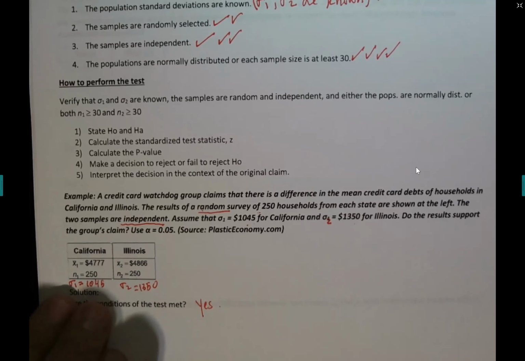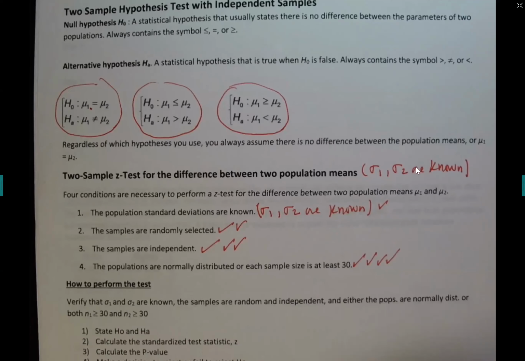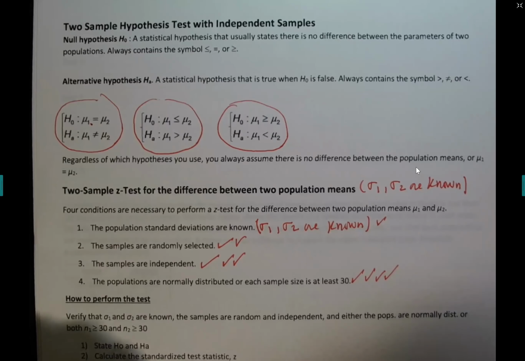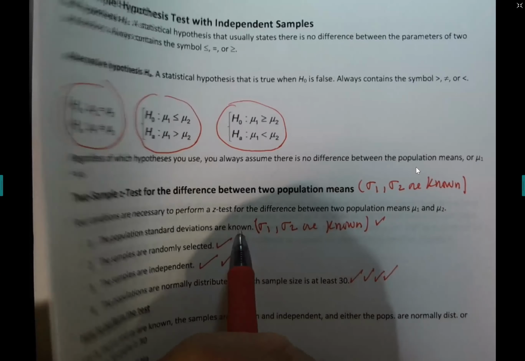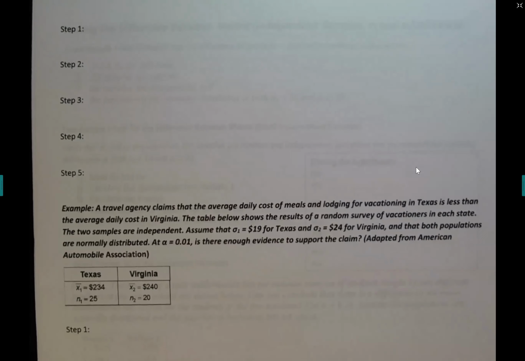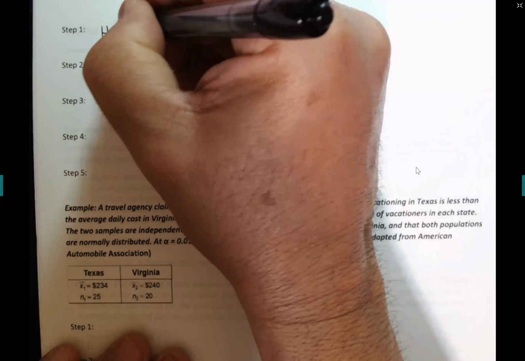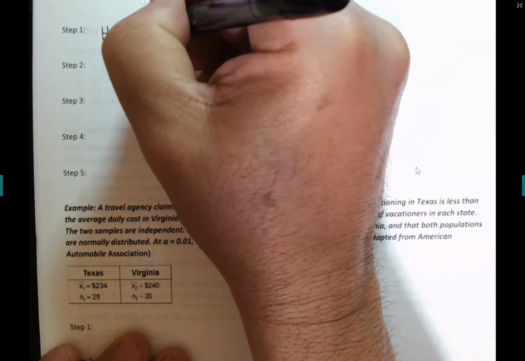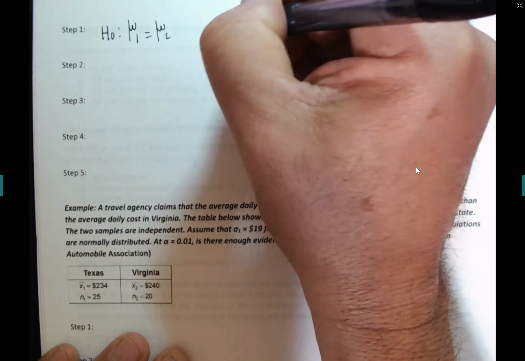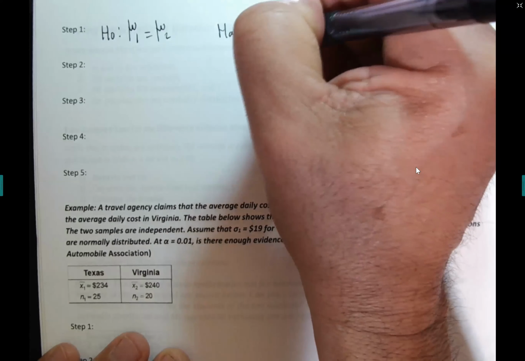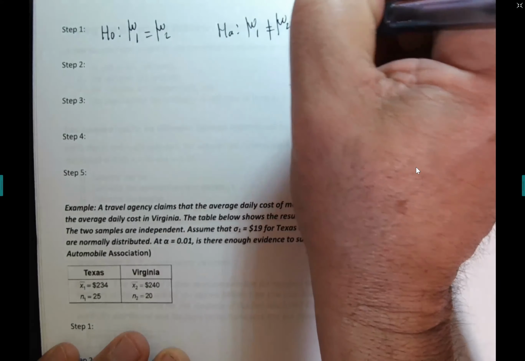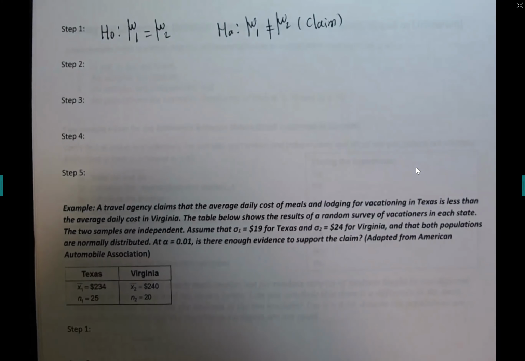Have your calculator ready, guys. So I'm just gonna go to the next page and show you how to do the 5 steps. Step number 1, state the null and the alternative. We decided, guys, that this was gonna be the null and the alternative, and that's the claim, because they said there is a difference in the mean credit card debt, guys.